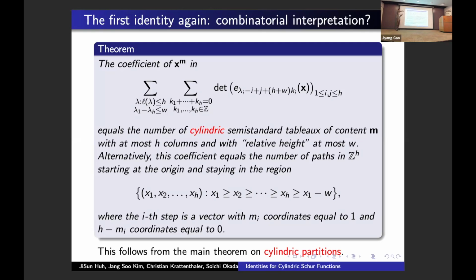So there's again such a cylindric condition with at most 8 columns, and now it's a relative height which is restricted by W. Alternatively, you can also formulate this in terms of certain lattice paths that are bound to this scaled alcove of type A. And this follows from the theorem on cylindric partitions from a paper that I wrote many years ago with Ira Gessel.